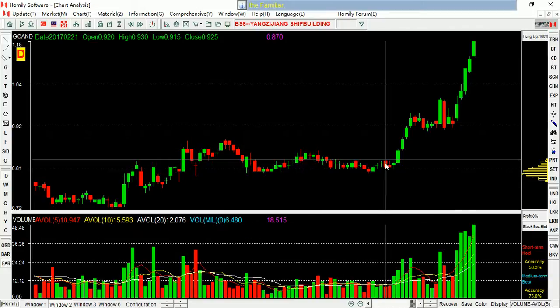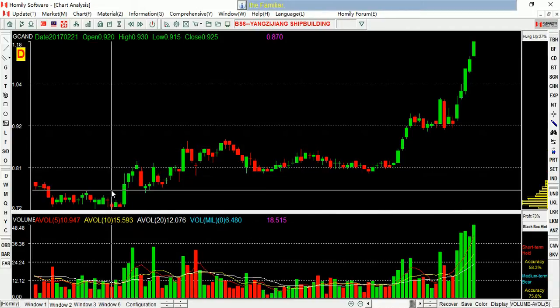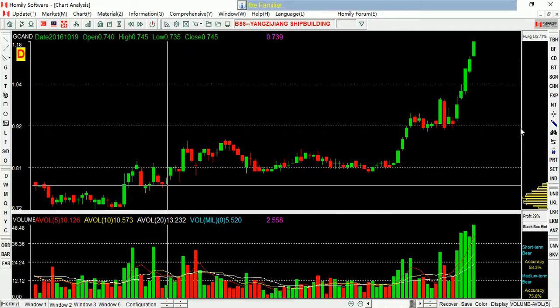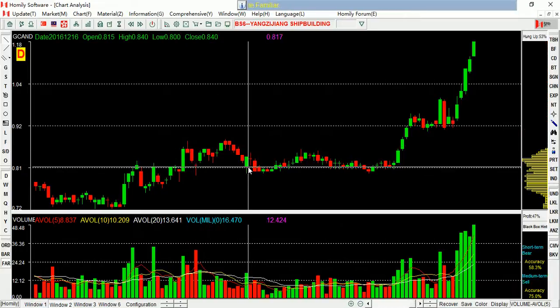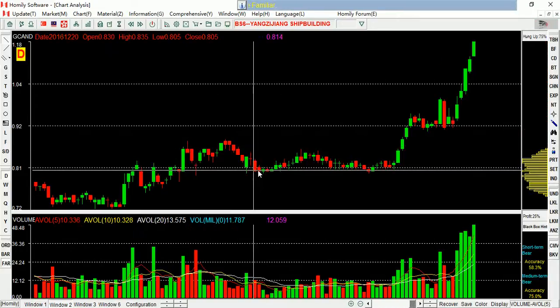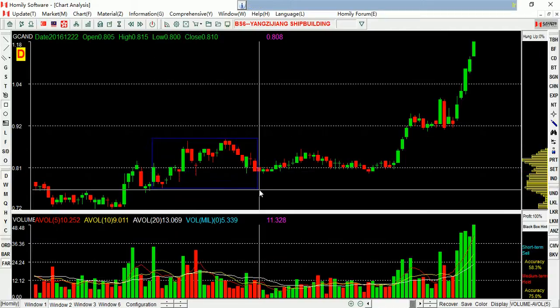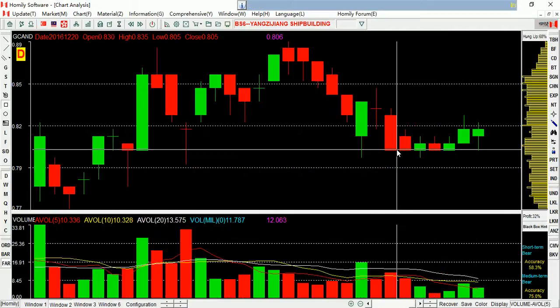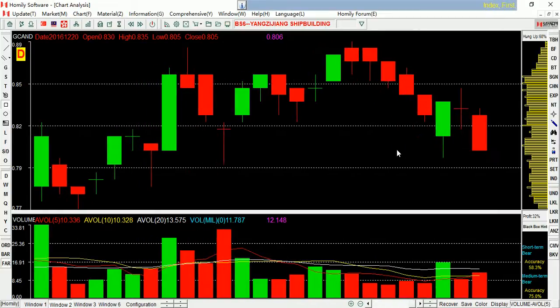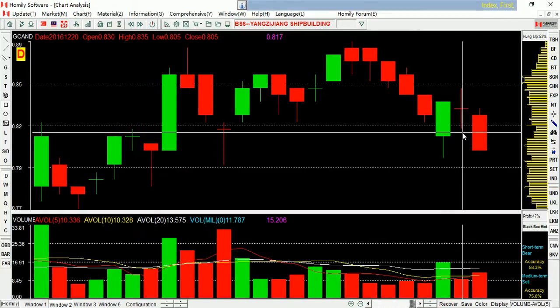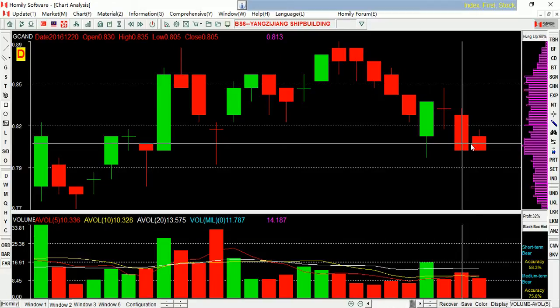So how to use dynamic chips to judge where is the support, where is the buy price? So we can see here. This is the purple color, right? Purple color we should focus.